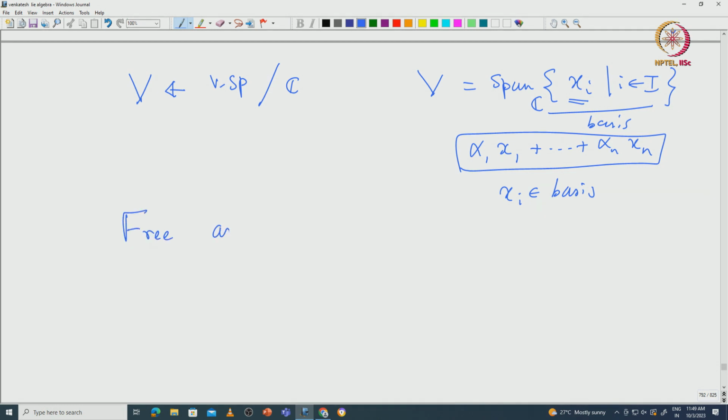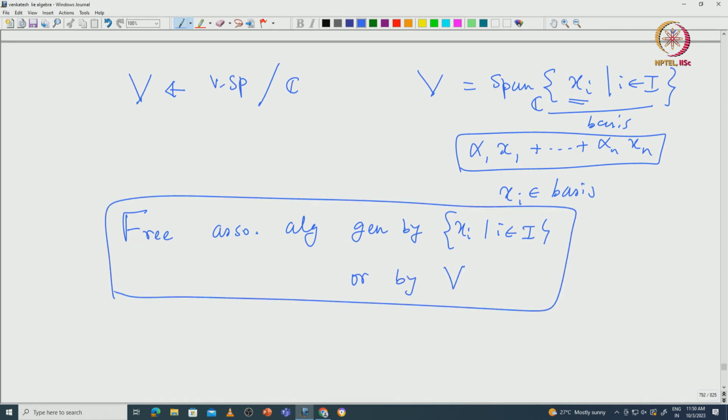What we are interested in is constructing the free associative algebra generated by these xi's, or by capital V. But how does one do this?